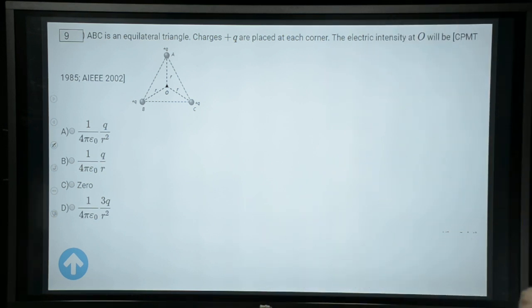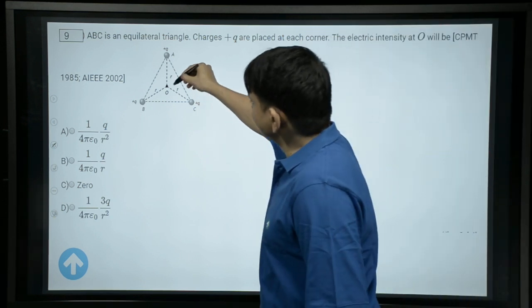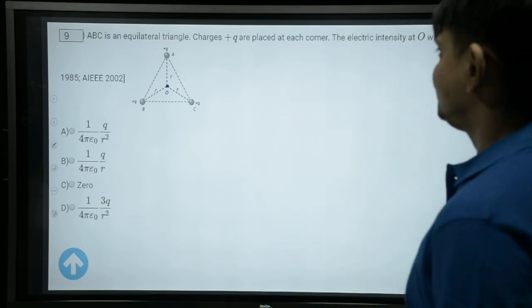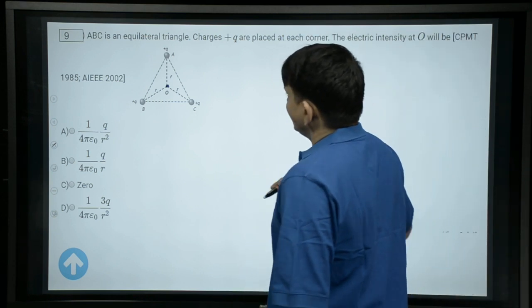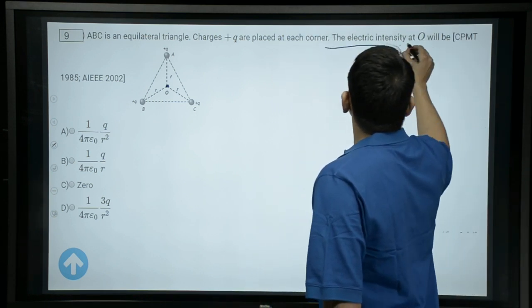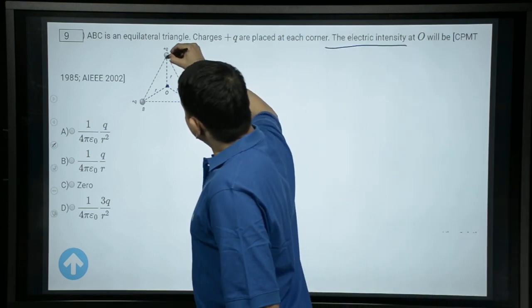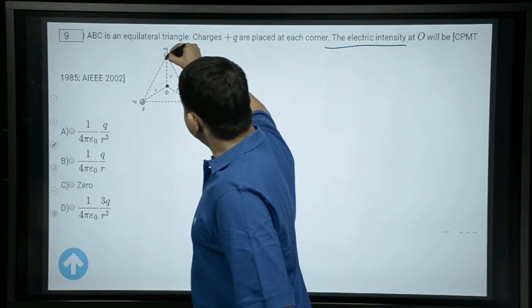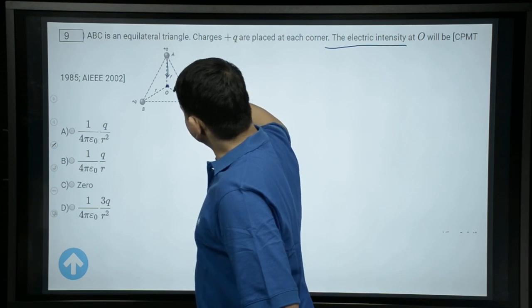ABC is an equilateral triangle, charge plus Q is placed at each corner, and the electric intensity at O, O being the centroid of this, will be. So you need to find the electric intensity, or say the resultant electrostatic intensity, by these three charges.